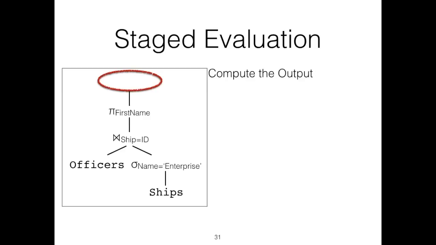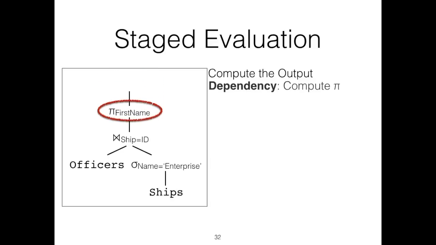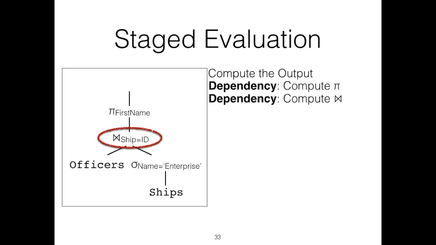So you've got a relation that you're trying to compute. What do you need in order to compute that relation? Well, you need a table, and that table is going to come from the projection operator. So in order to compute the output, you first need to evaluate the projection. Now the projection also has a dependency. Before you can compute the projection, you need to compute the join.